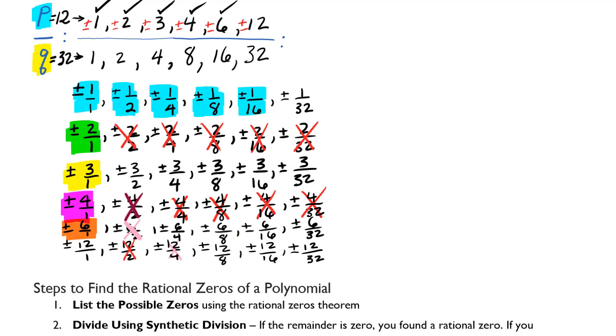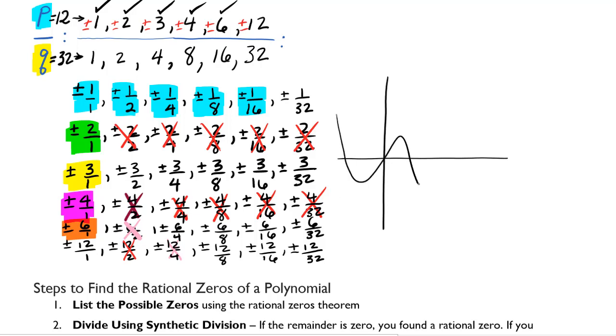Now let's apply this in a real life situation. Let's say you have this giant polynomial. It's of degree 4, which means at most you can have 4 roots, or 4 zeros of the polynomial. And let's say they look like they're about at these locations.